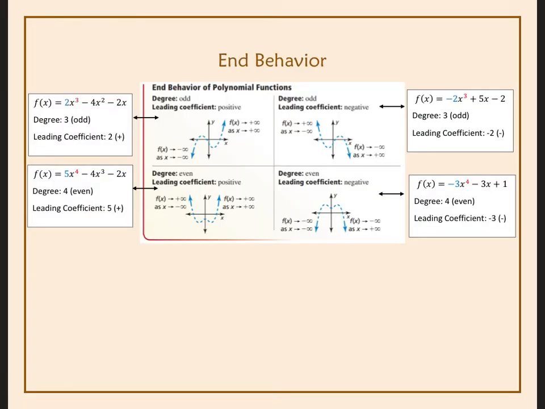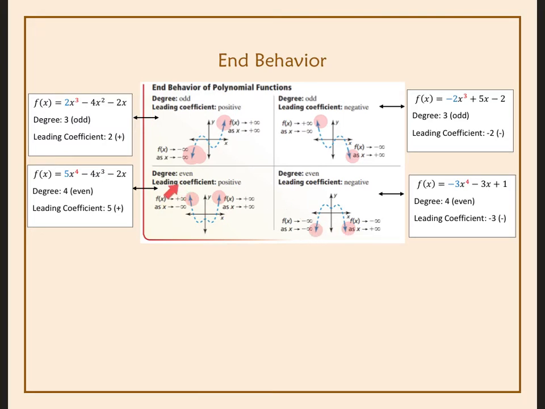So a big part of attributes is the end behavior. What is end behavior? End behavior is knowing where my arrows are going to go, knowing if the arrows are going to positive infinity or negative infinity. So you know how we were saying even and odd? Well, if the degree is even, they both will face up if it's positive, or they both will face down when it's negative.